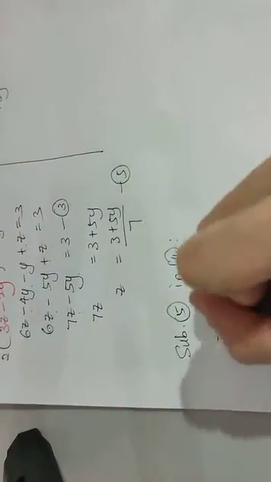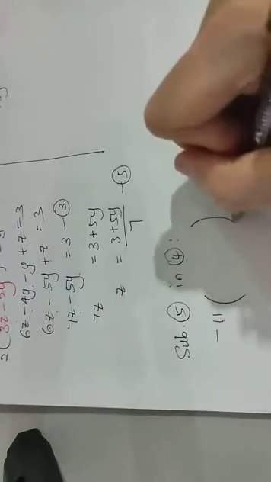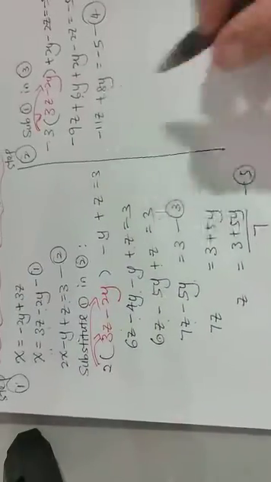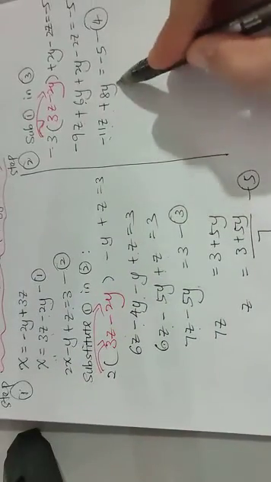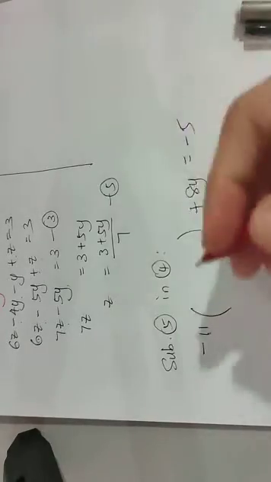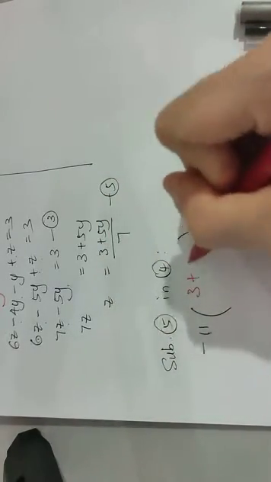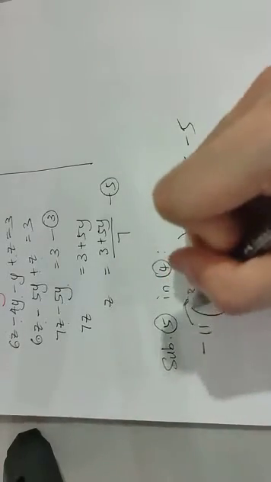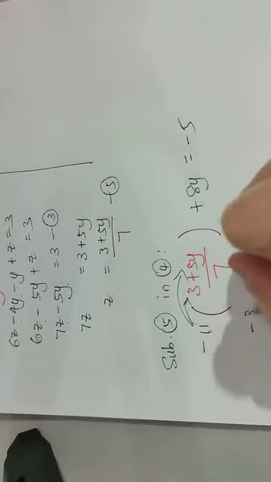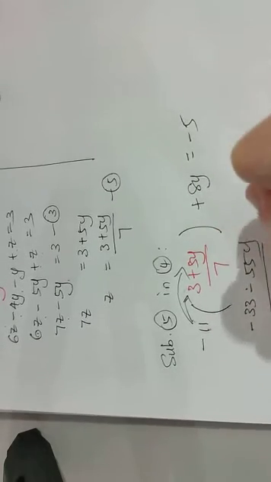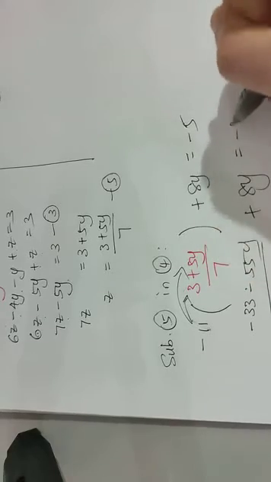Okay, so negative 11z plus 8y equals negative 5. Negative 11, and this z you have to substitute with the new subject, 3 plus 5y over 7. This one cannot simplify, so you have to multiply the numerator by the denominator's factor. Negative 33 minus 55y over 7 plus 8y equals negative 5.